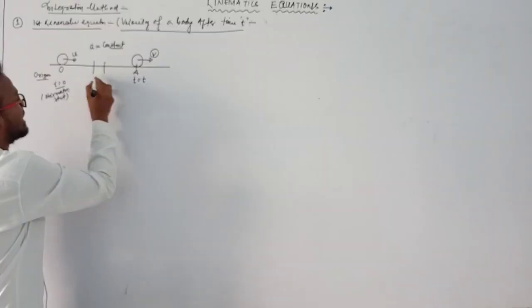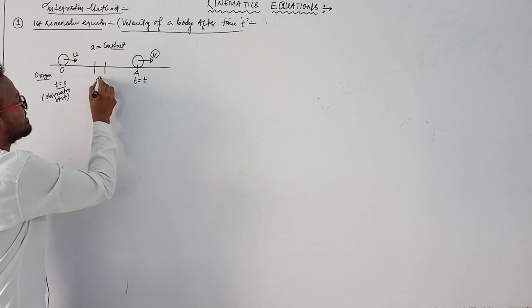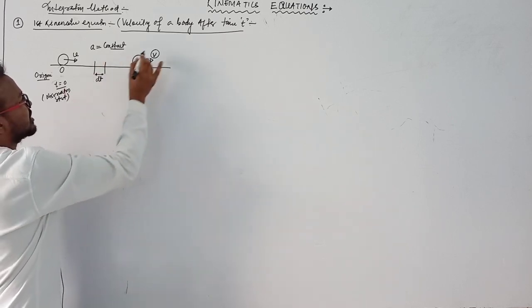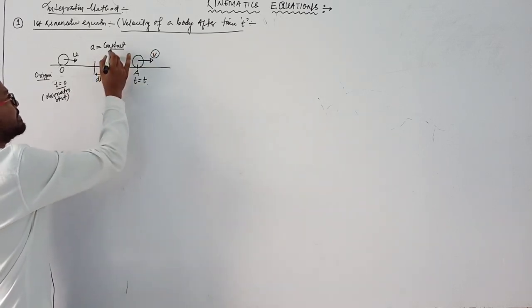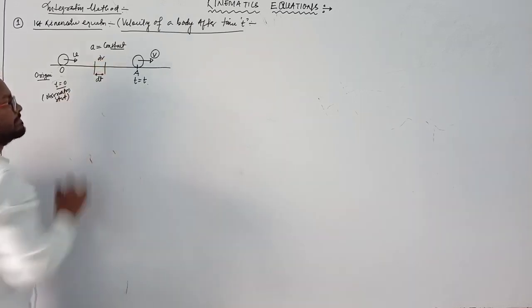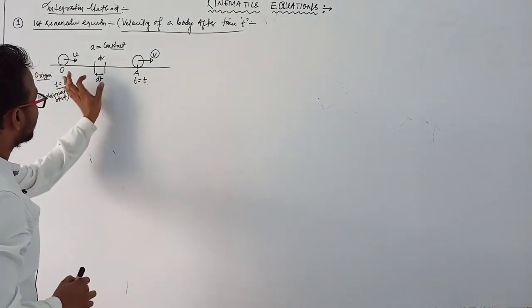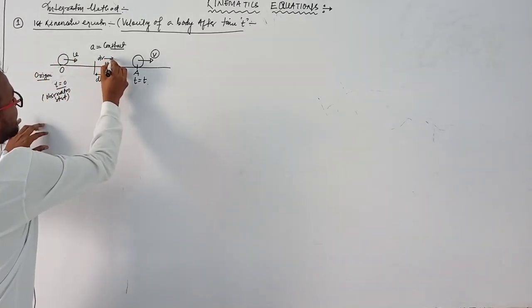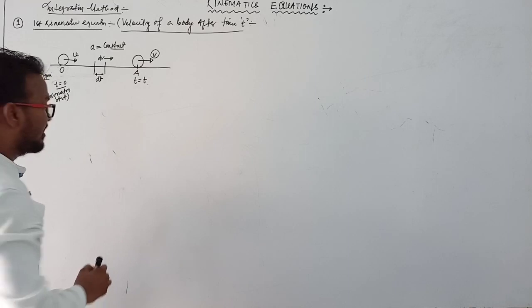Suppose I am writing here a very small interval of time dt. In this time interval, the speed of the body, or the vehicle or car, is dv. Clear? In a small interval of time dt, it is moving with a speed dv.